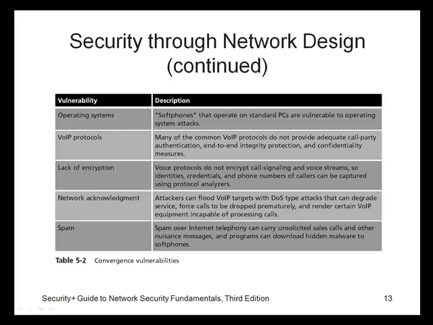Voice doesn't encrypt call signaling. If it's not encrypted and we capture it, then we can use those packets. Network acknowledgments can flood voice over IP targets with denial of service attacks, distributed denial of service attacks. If it's an IP packet, it can be attacked.